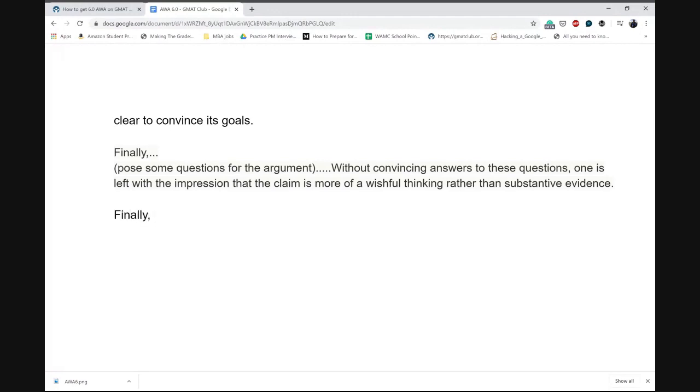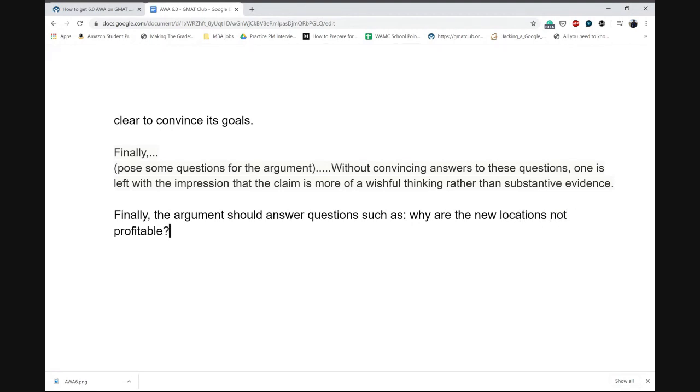Finally, the argument should answer questions such as, I'm going to do a semicolon, why are the new locations not profitable?